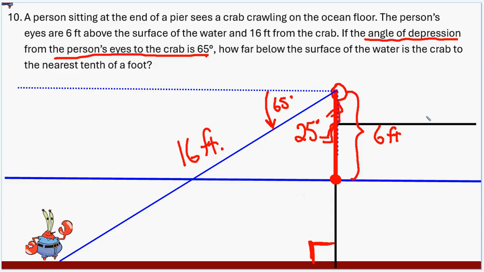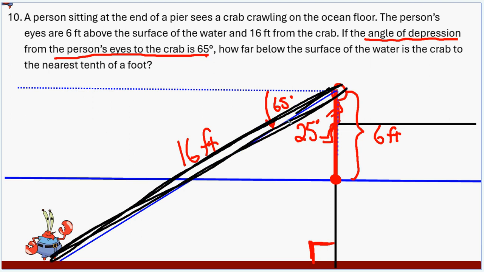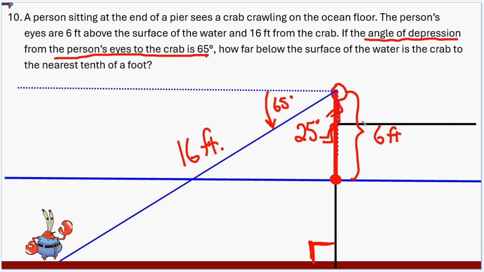So what we're going to do here: this is our hypotenuse, the 16, and we can set up a trig function to find this entire side that I'm scribbling over in black. So that side there would be adjacent. The 16 is the hypotenuse. Sounds like a job for cosine.